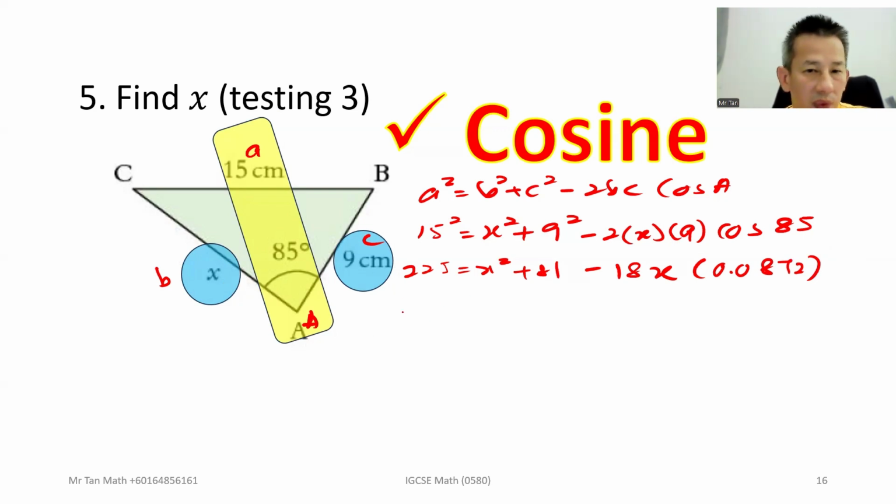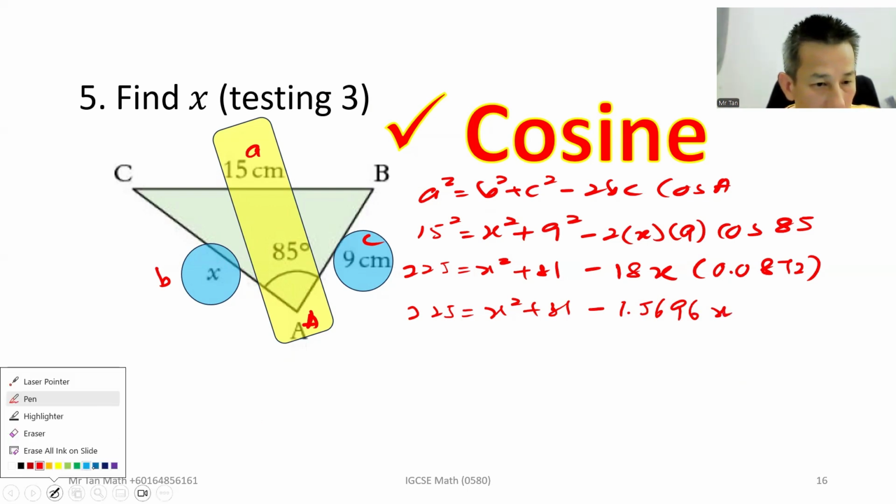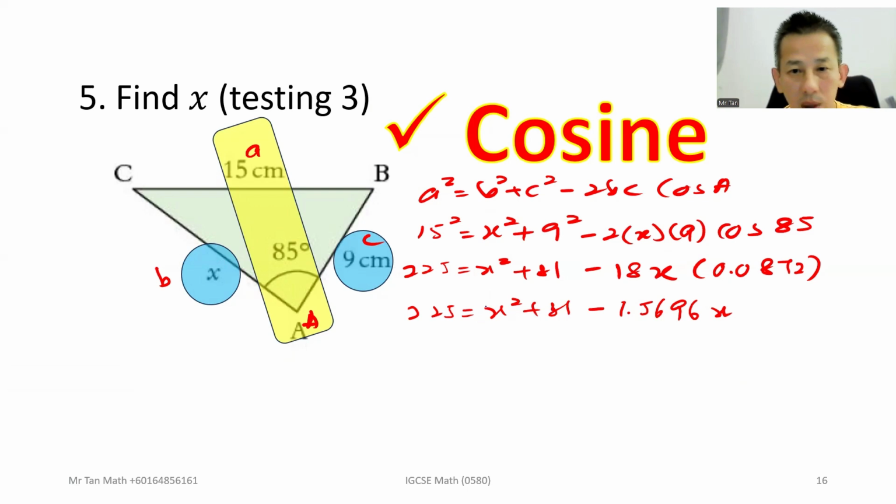So you get 225 equals X squared plus 81 minus 18 times 0.0872, which gives 1.5696x. In this case, you need to deal with a quadratic equation.